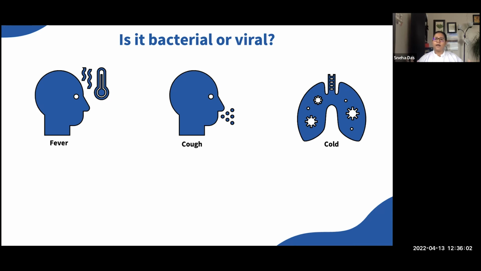So it's very hard for the doctor, just by seeing the patient and their symptoms, to know if it's bacterial or viral. And many bacterial culture tests take a few days to come back. That makes doctors wary, and many times they prescribe antibiotics to be on the safe side.